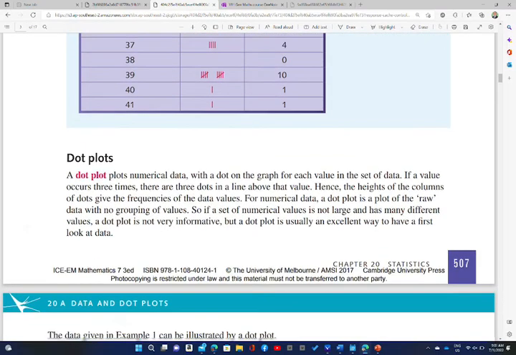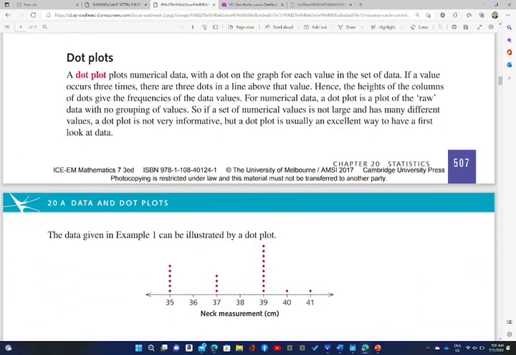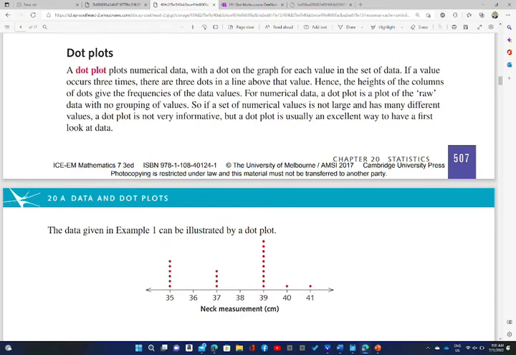Good. One of the ways that you can organize this data is into what's called a dot plot. Now, what you have to remember about dot plots is that each dot represents one or more items. They don't have to always be one. For example, if you had 40 of something, you wouldn't want to do 40 dots, right?